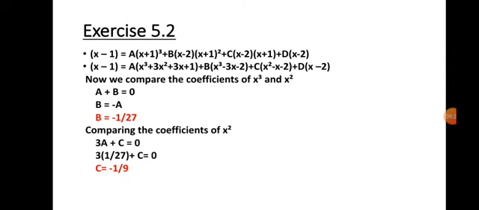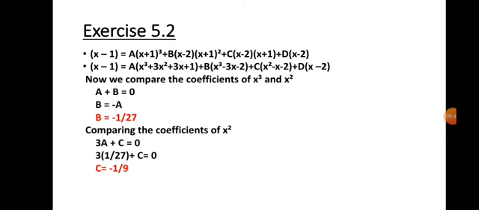These two factors will be multiplied, and we get c into (x square minus x minus 2). The last factor is in a linear form, so we will not open this last factor.